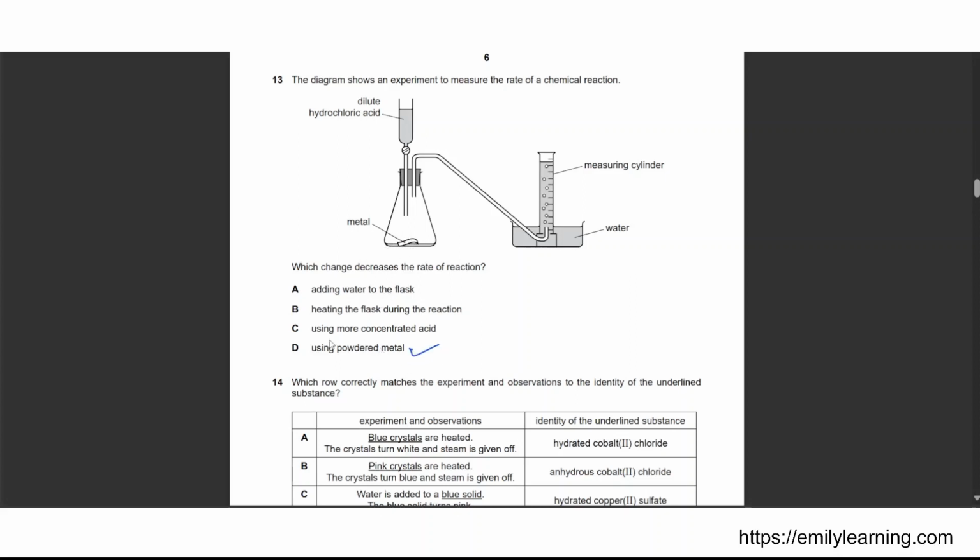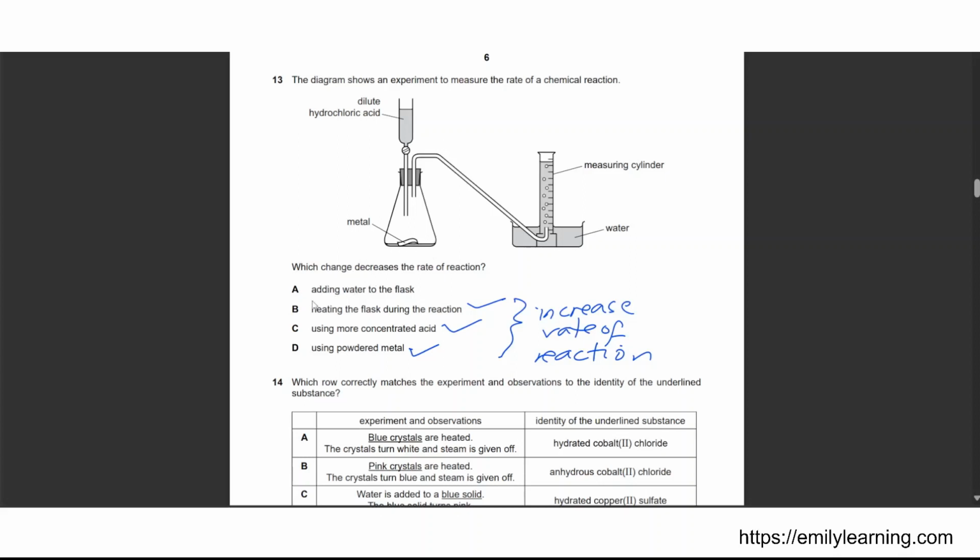So yes, we can use powdered metal. Using more concentrated acid, you can increase the concentration of the acid, this will also increase the rate of the reaction. Heating, so when you increase the temperature, you will increase the rate of reaction. So all these three will increase the rate of reaction.